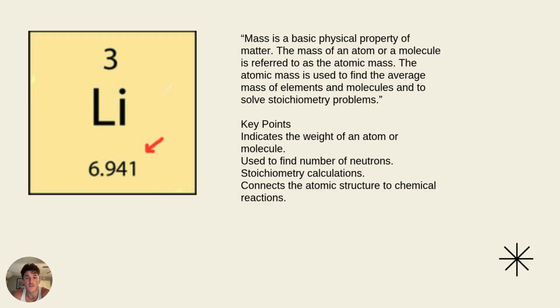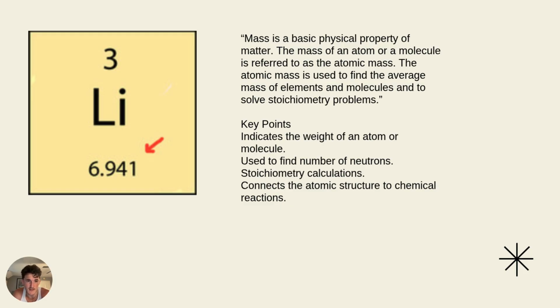The average atomic mass is used to find the average mass of elements and molecules to solve stoichiometry problems. Key points: it indicates the weight of an atom or molecule, and is used to find the number of neutrons. Stoichiometry calculations connect the atomic structure to a chemical reaction.